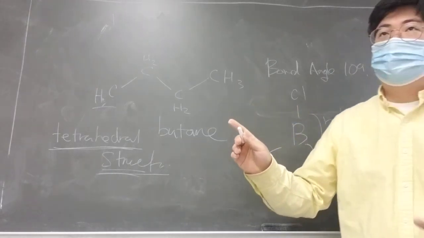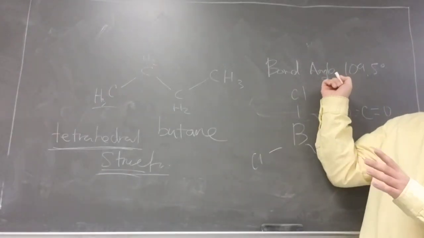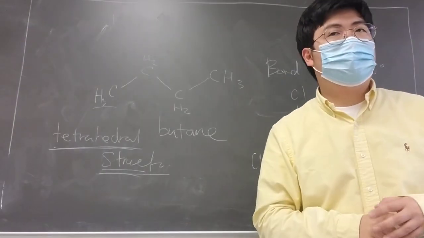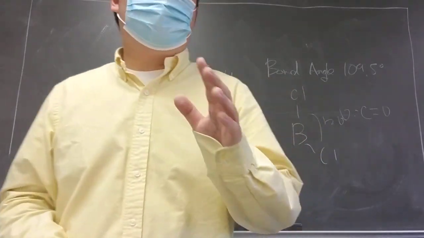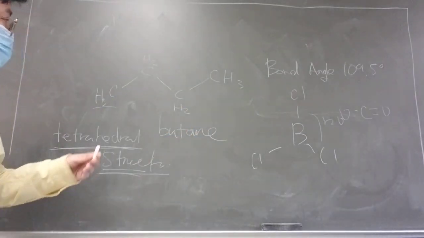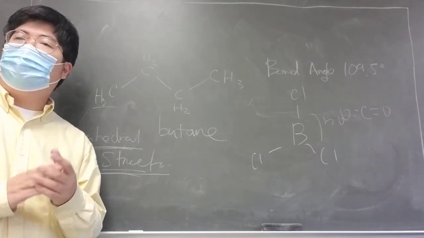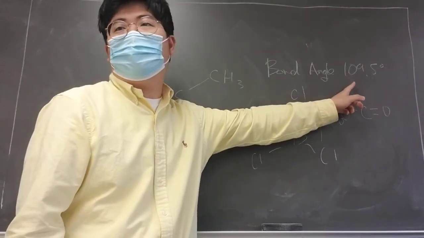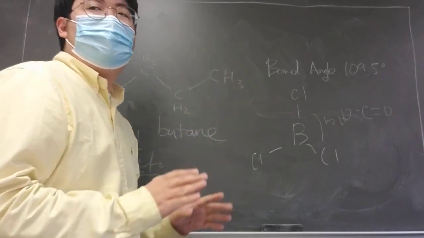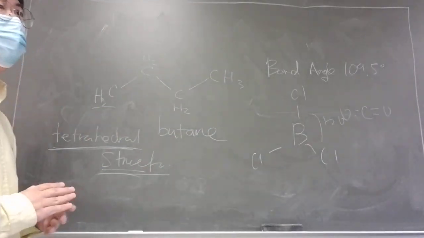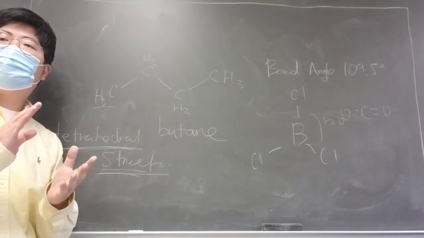But I'm not going to lie, just remember this number. That's the answer for the question. So whenever you have a tetrahedral structure, I'll point out that carbon, and I'll ask you to find the bond angle. Then you just need to pick this number right here. Okay? Just memorize it. I'm doing this not just for the test, but because this is so important.